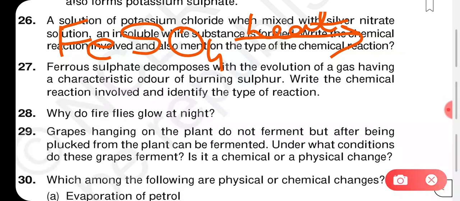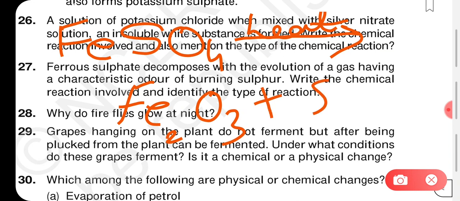what is happening? There is evolution of gas having characteristic order of burning sulfur. Okay, so a gas is evolved which will have the order, here order means smell of burning sulfur. Fine. So what will be formed in this case? Fe2O3 is formed.